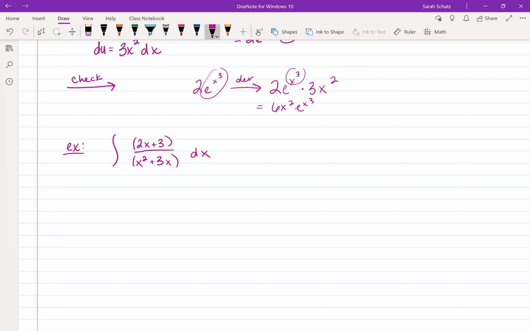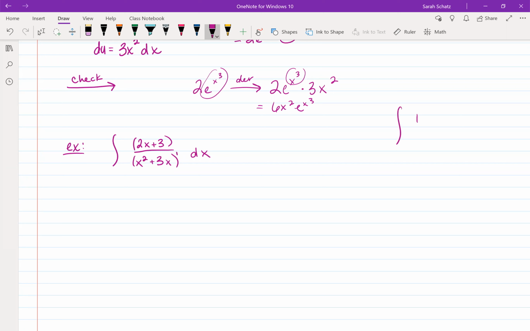How do I know I'm not just going to find a u and a du just like the normal ones that I did above? Well, again, it's a fraction. And notice the thing that's on the bottom here is just to the first power. Remember, that was a telltale sign of a natural log problem in the basic version.